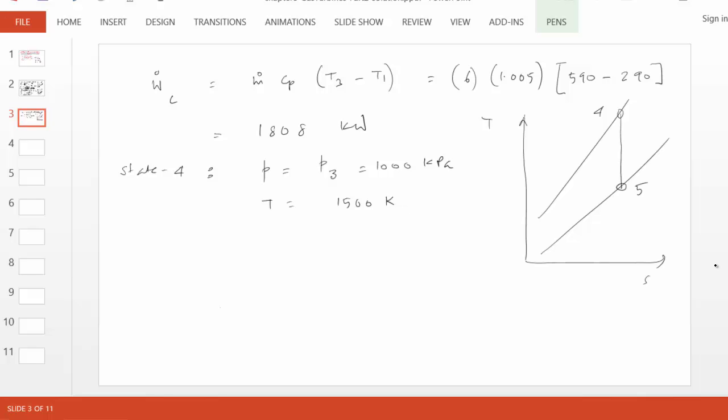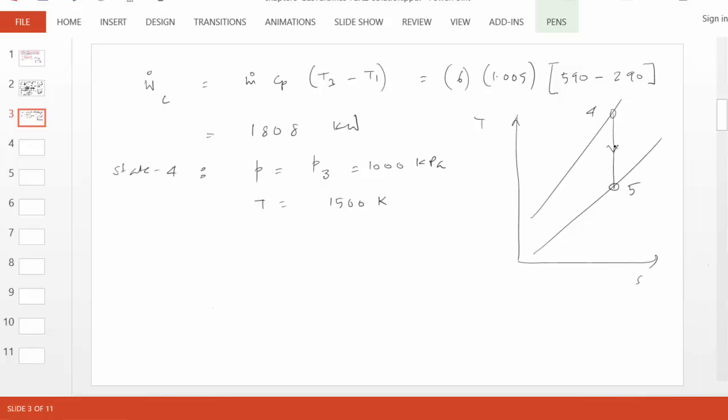4 to 5 is isentropic. The isentropic condition can be applied again. So therefore T4 divided by T5 equals P4 divided by P5 to the power K minus 1 over K, which means T5 equals T4 divided by P4 over P5 to that power. Now P4 over P5, this is a 1000 kPa line, this is a 100 kPa line, so this is 10.